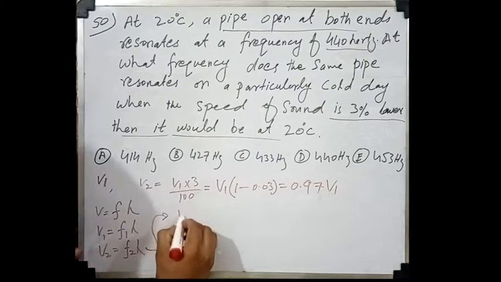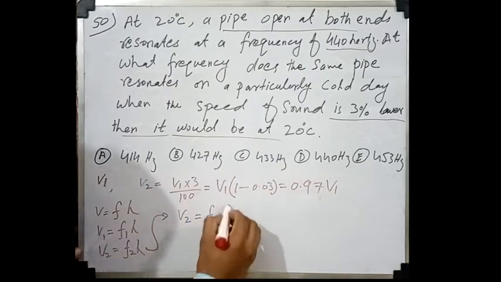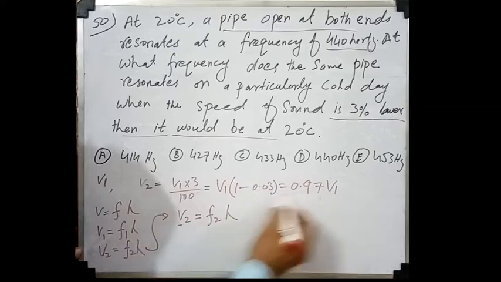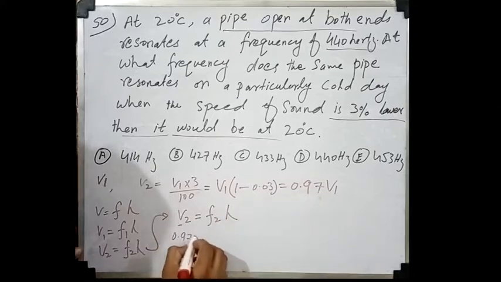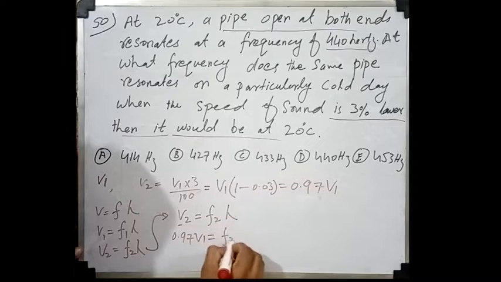So V2 is equal to F2 lambda, but V2 is 0.97 V1, and V1 is F1 lambda, so 0.97 multiplied by F1 lambda is equal to F2 lambda.